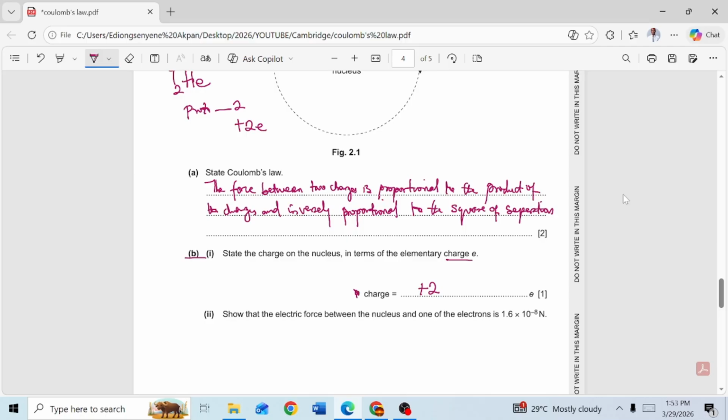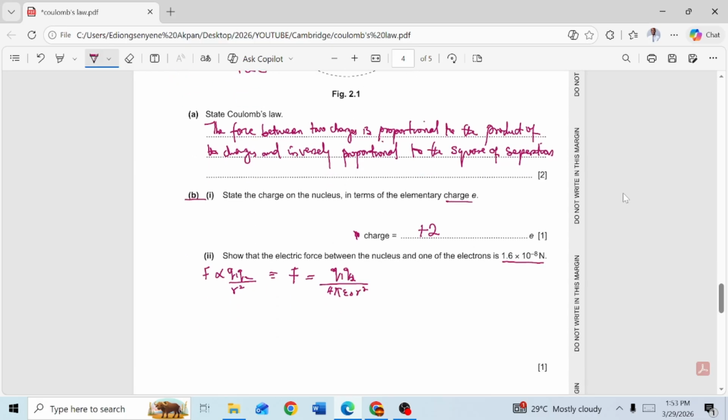Show that the electric force between the nucleus and one of the electrons is 1.6 times 10 raised to the power of minus 8 newton. Since we have stated the law that F is proportional to Q1 Q2 over r squared, it follows that F equals Q1 Q2 over 4 pi epsilon naught r squared.